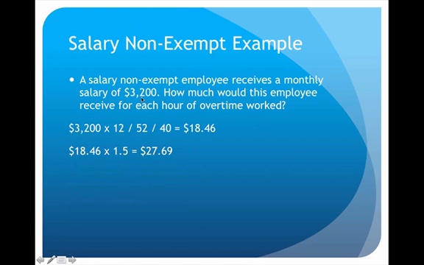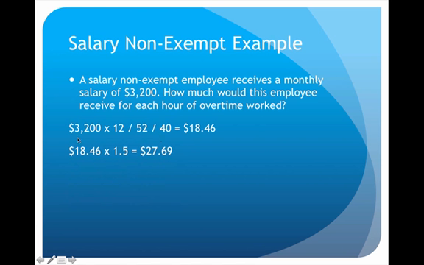So again, I'm going to have to take the information given and convert that information. So I will take that monthly salary of $3,200. I will multiply that by 12 months. That gets it into an annual format. Then I will divide that answer by 52 to get it into a weekly format. And then I'll further divide that answer by 40 to get it into an hourly format.